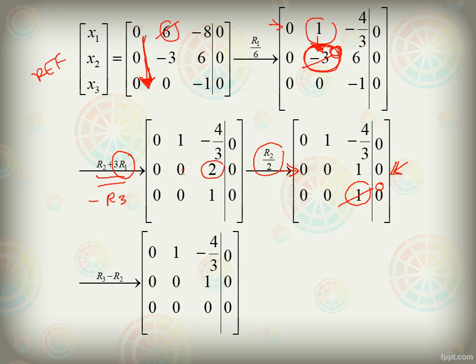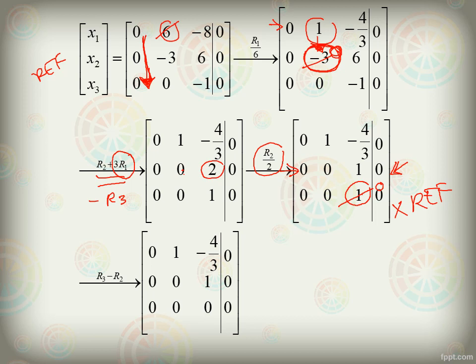So number 1 cannot be here, it is wrong. If you leave your answer like this, it is not REF yet. You need to reduce this to 0, then you're done.